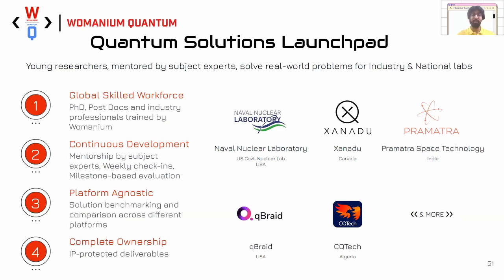So we'll be talking about what these projects were in the days to come. And again, when you are selected for a QSL fellowship, you also have a chance to work alongside some of the best researchers in the fields and under close mentorship by experts. So it's really an opportunity for you to develop new skill sets, learn from the best in the industry, and get to the next step in your quantum journeys.